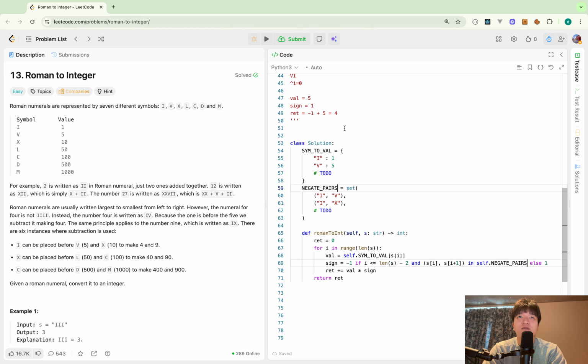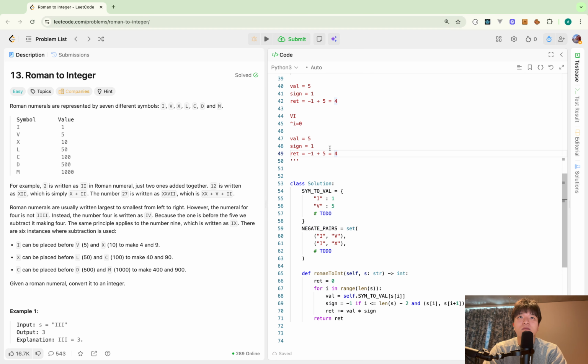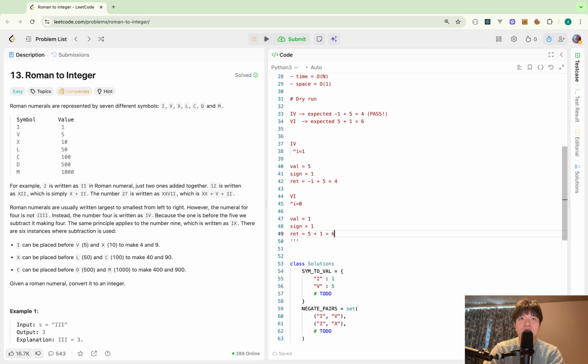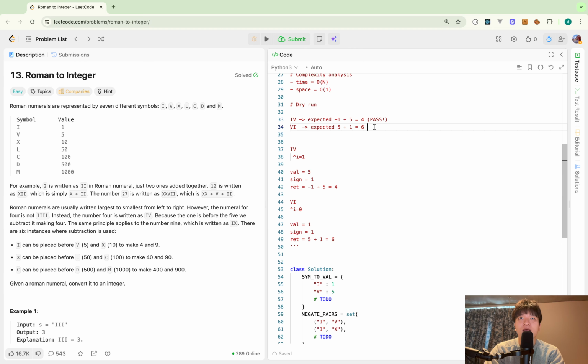So it should be 5 first. And next, bar should be 1, sign should be 1 because it is out of the range of the second to last. Sorry, i is not until the second to last index, so sign should be 1. I get 1, and I get the total sum 6. Yep, so I passed this test.